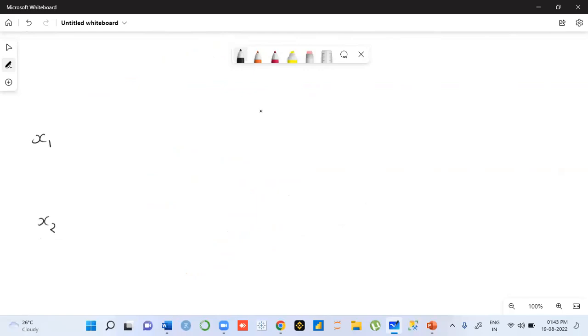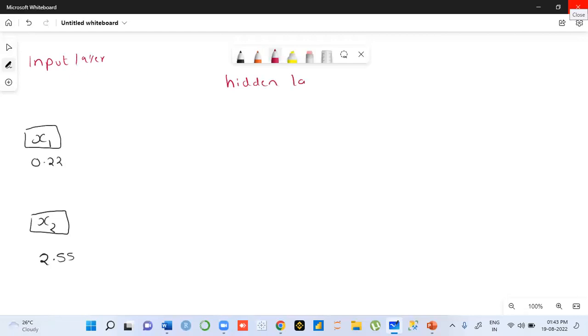X1 number is 0.22. X2 number is 2.55. Can you make this one? They come under the header of input layer. Guys, I had decided to make one hidden layer, okay? I decided this.